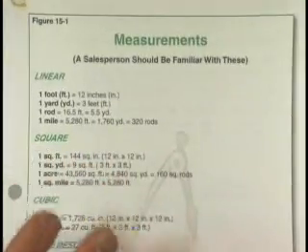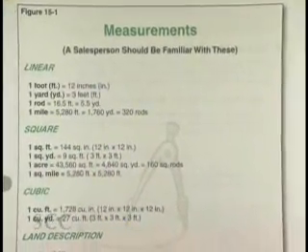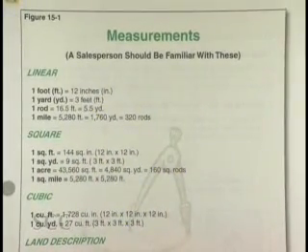The first thing I want to emphasize is that within the book itself, they give you certain things called measurements, or things that you typically are going to run into. As I've mentioned before, in different kinds of fields there are things you take for granted that you know, depending upon what kind of occupation you're in.